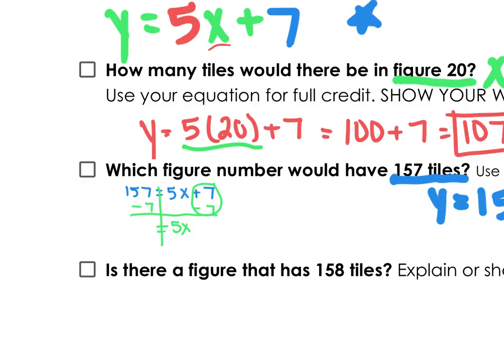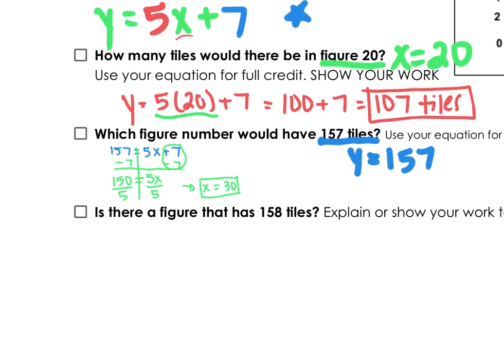I'm left with 150 on the other side. Then we divide both sides by 5, dividing into equal groups, and I get x is equal to 30. I think that the answer key on Canvas was wrong. This should be the actual answer here. So that means that figure 30 would have 157 tiles in it.